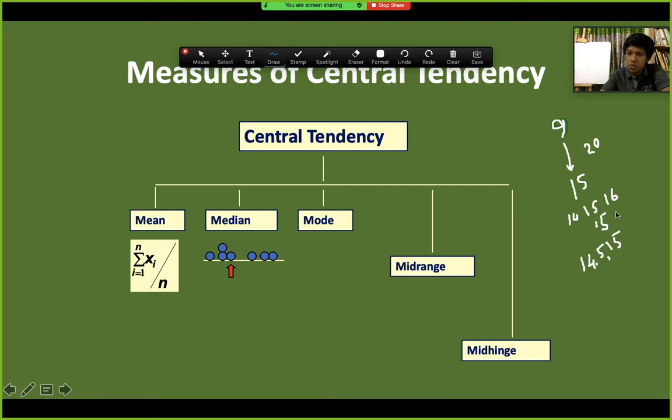Very close to that 15. Most of the students' ages will be very close to that central value. You will hardly find any student whose age is, let's say, 10 years old or 20 years old. Very rare. So most of the values will be close to that central value. This is called the central tendency.